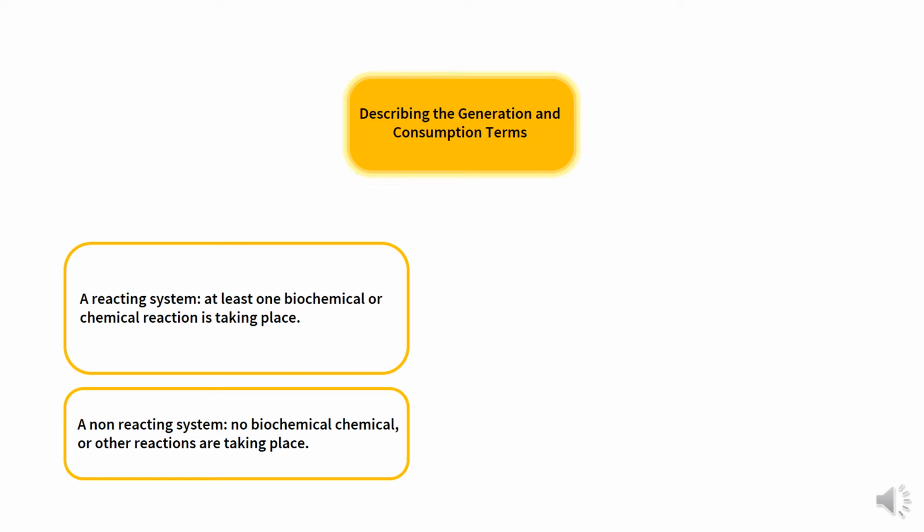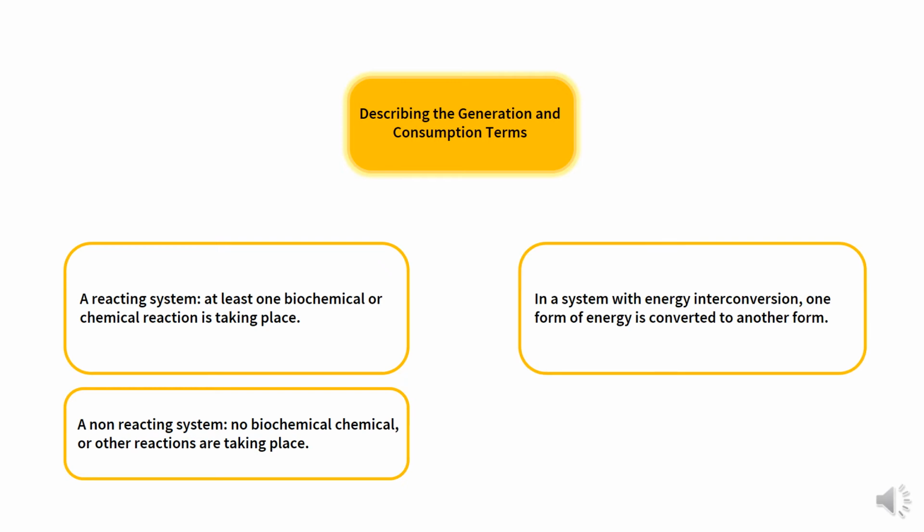And for a non-reacting system, no biochemical, chemical, or other reactions are taking place. The generation and consumption terms in the accounting equation can be set to zero if a system is both non-reacting and without energy interconversion. And the second process constituting the generation or consumption of an extensive property is energy interconversion.